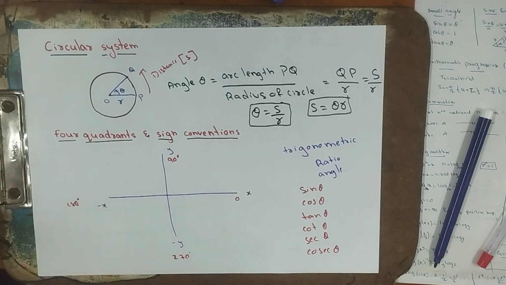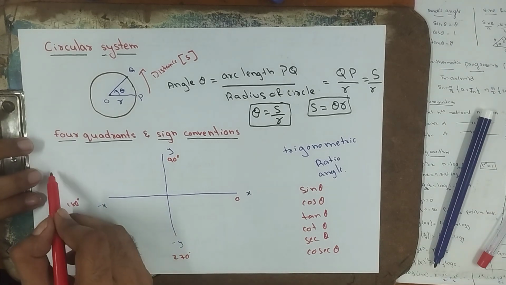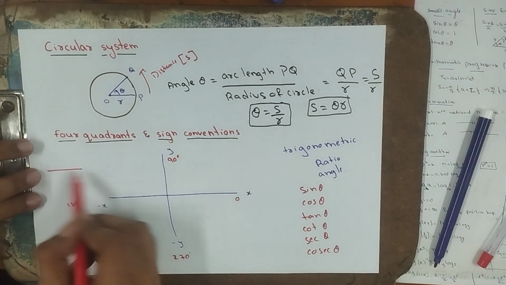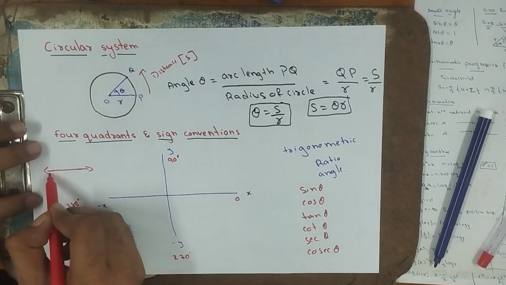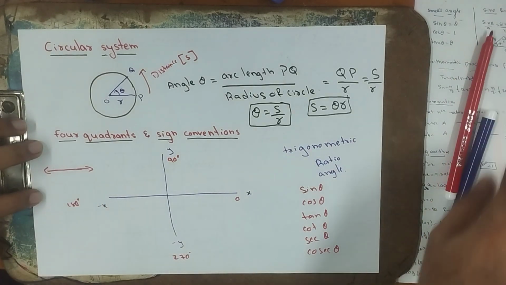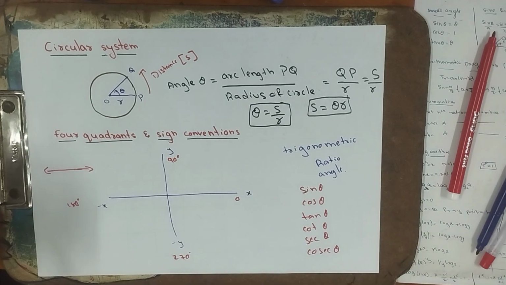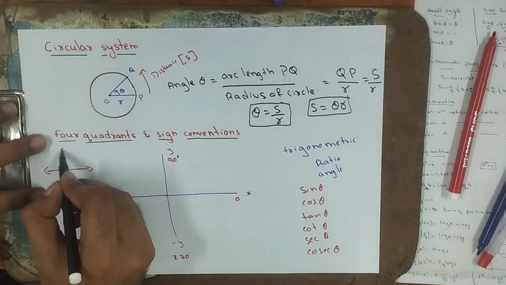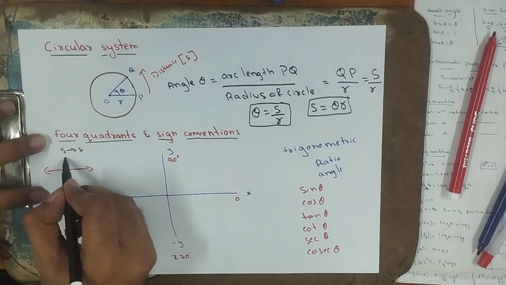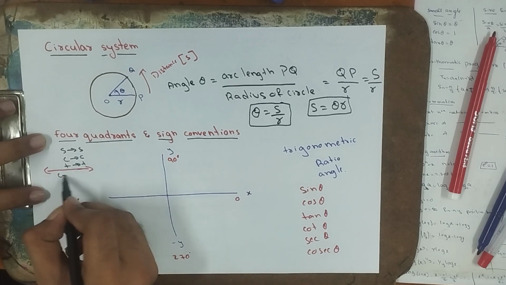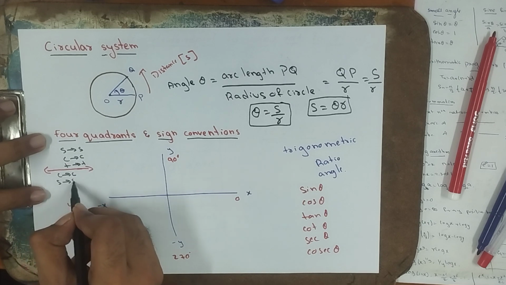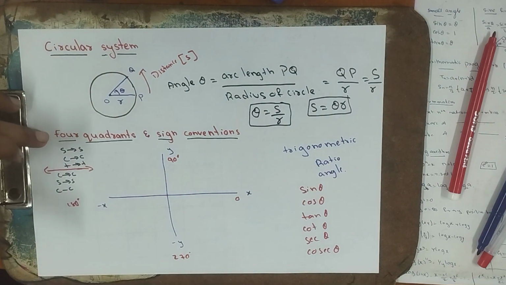Listen to me carefully, whenever the angle is on the x-axis, that time your sin remains sin, cos remains cos, tan remains tan, cot remains cot, sec remains sec, cosec remains cosec. This is fine, super fine.